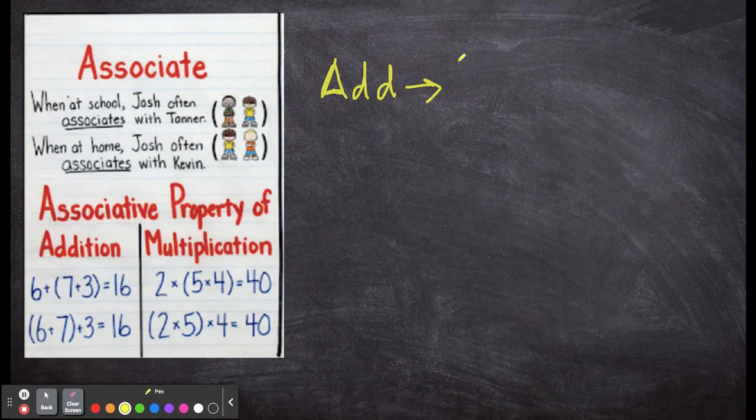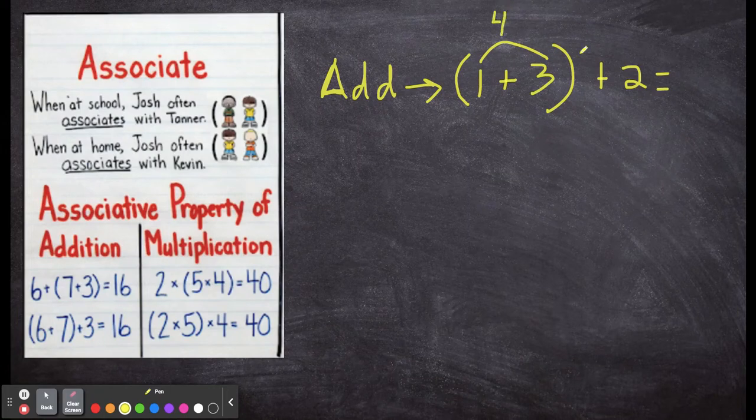So another example would be, we can group together 1 plus 3 plus 2. 1 plus 3 is 4. 4 plus 2 is 6.